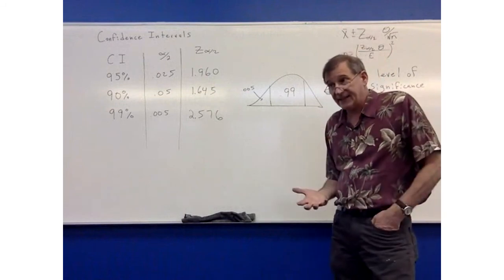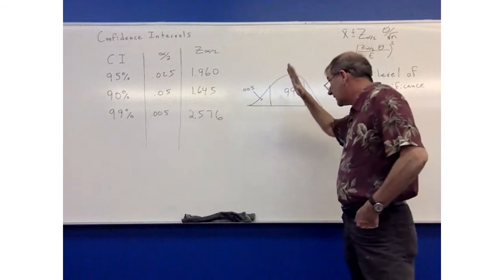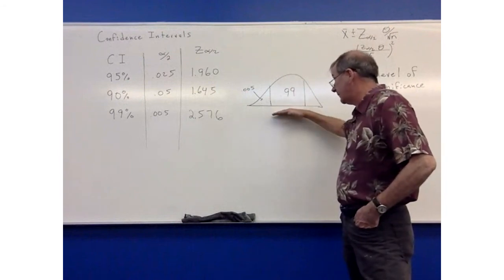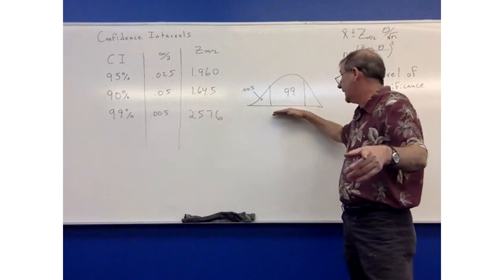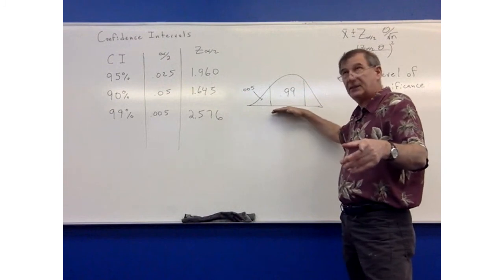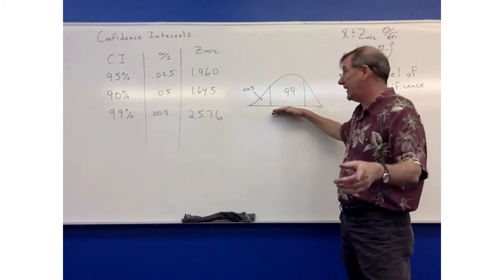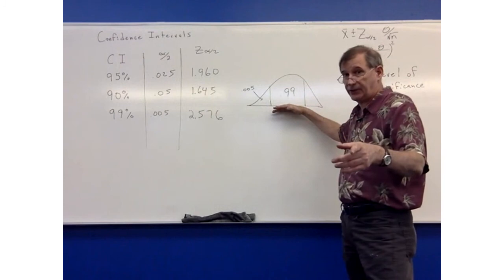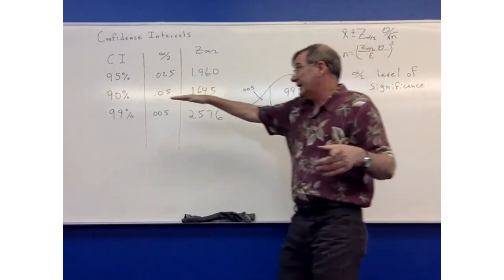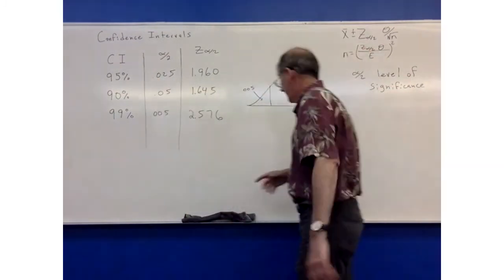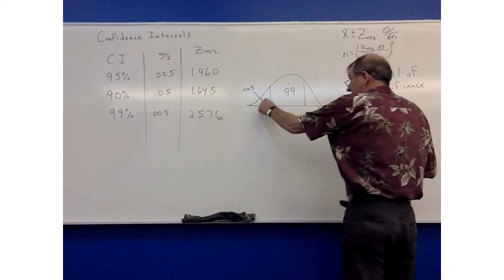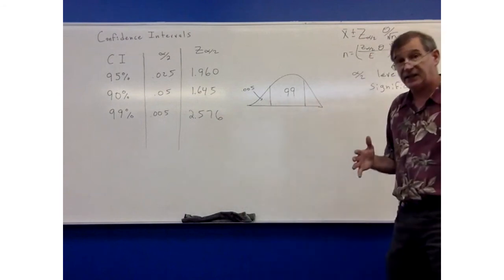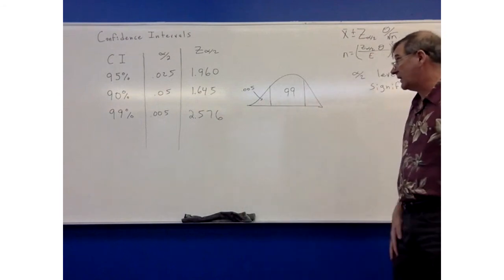And if that's the case, then this will give you exactly a 99% chance that the mean is in the interval that you create, or a 90% or a 95%. It is still possible that your actual mean is out here, but it's very unlikely. That's what a confidence interval is.